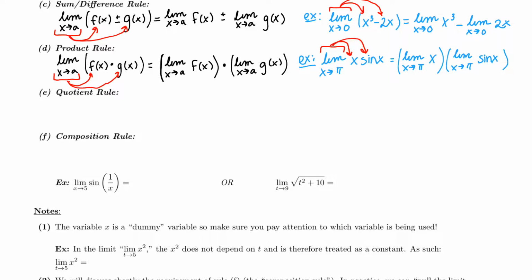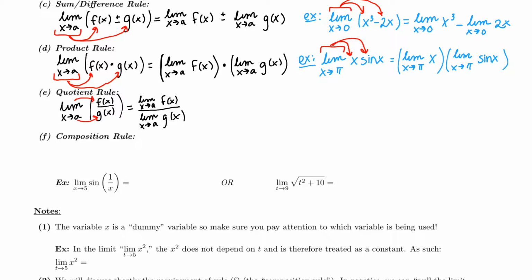You can kind of see where this pattern is going. If you have the limit as x approaches a of a quotient of two functions, f of x and g of x, you can give that limit to the top and to the bottom, instead of having it on the outside. So you'd have the limit as x approaches a of f of x over the limit as x approaches a of g of x.